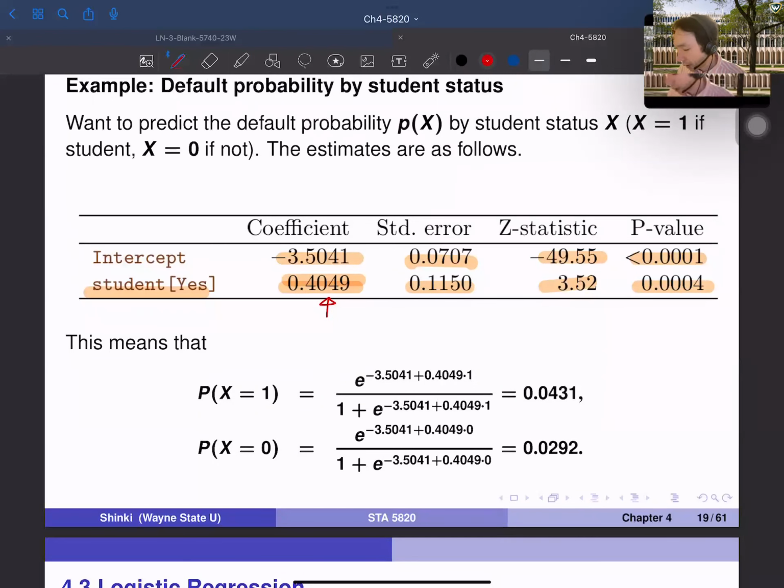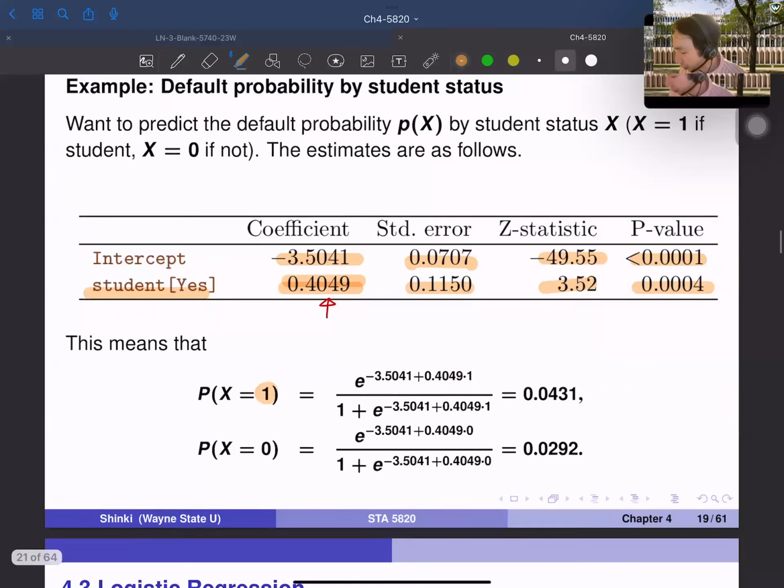You can compare it this way. If a student, the default probability is calculated by this, and that is 4.3%. If not a student, the probability is 2.9%. So there is a 1.4% difference between the two. Do you think it's a reasonable estimation result?